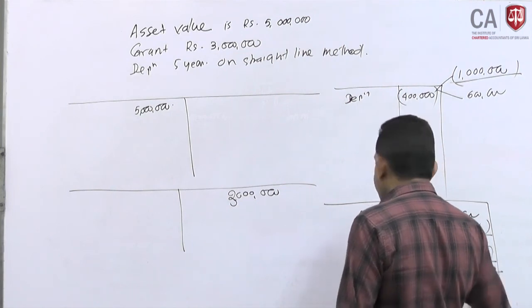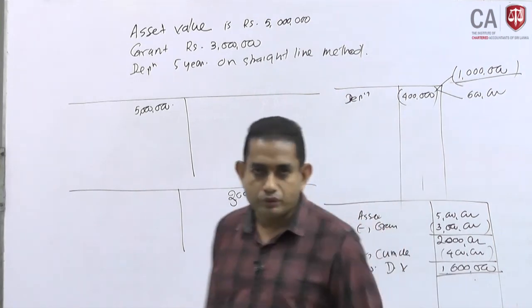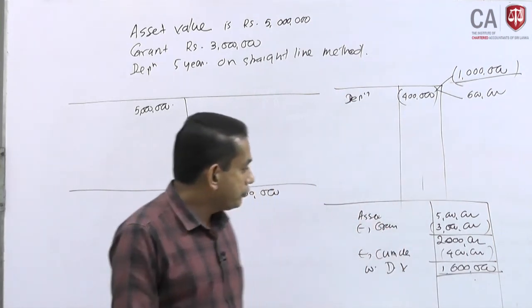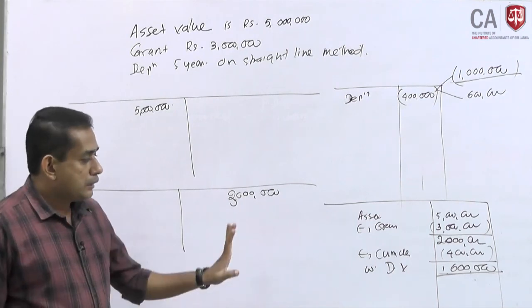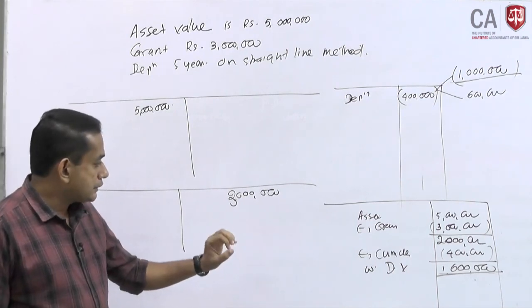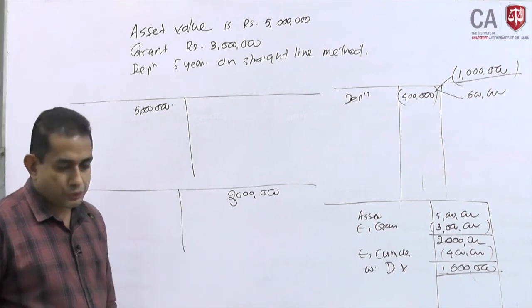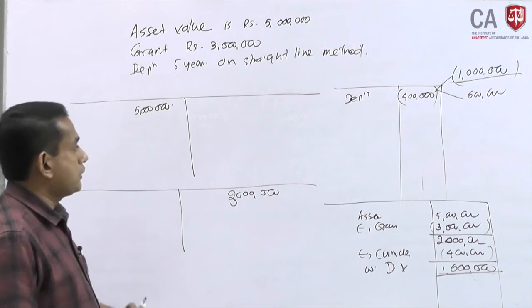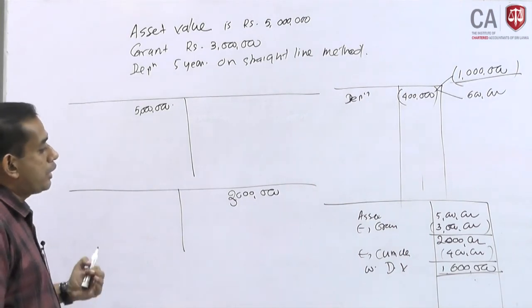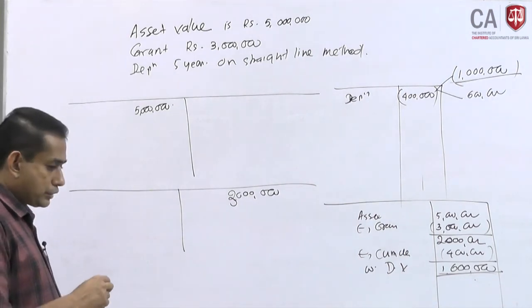Written down value of the asset should be 1.6 million rupees. So, that is how you do it. When you decide to recognize the government grant using the second method under revenue approach, that is where you show the grant as a deduction from the asset value.